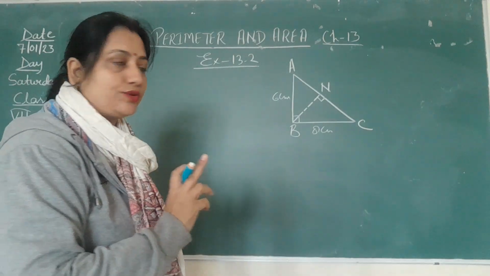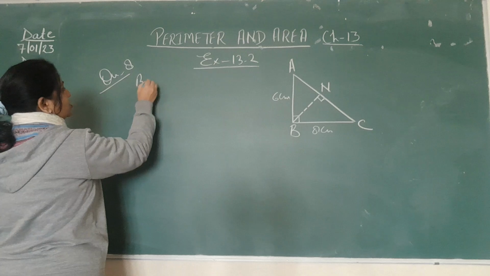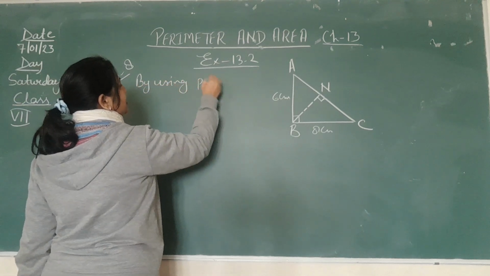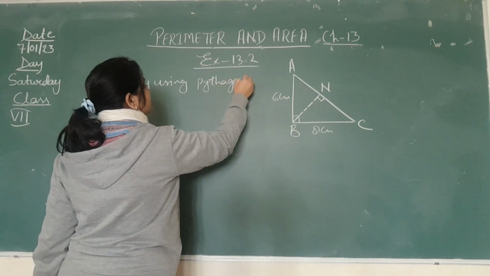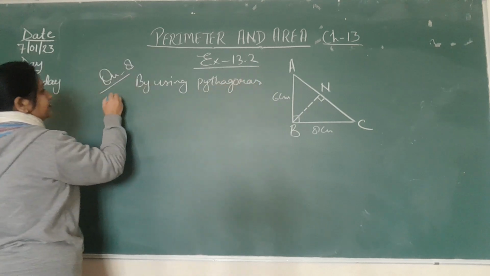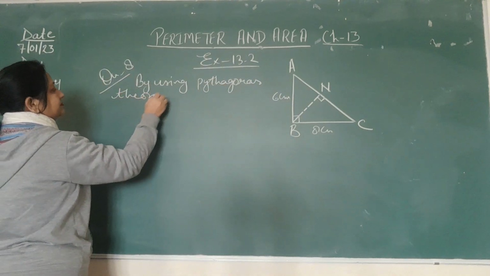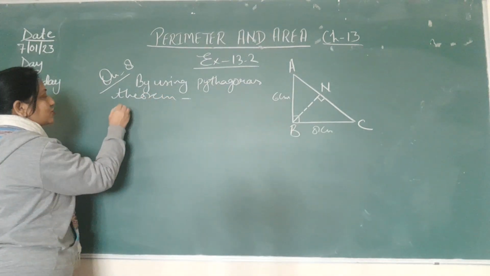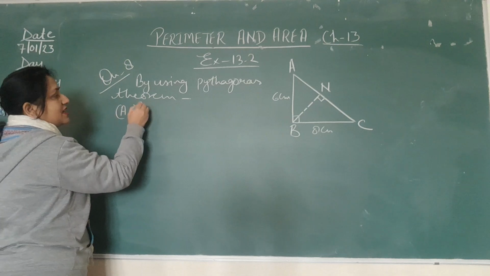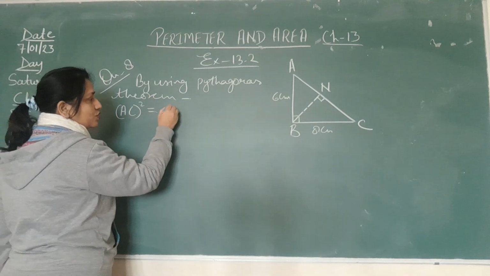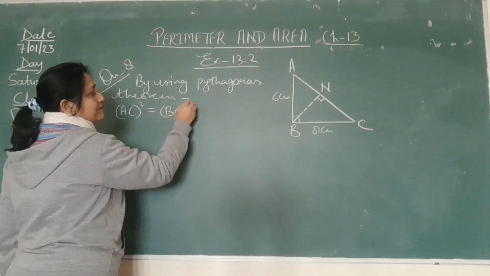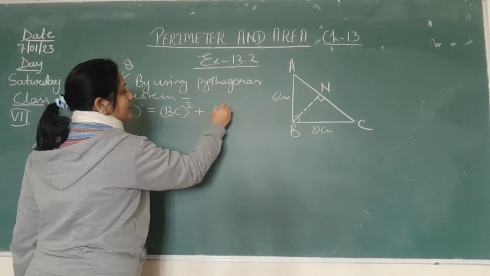So by using Pythagoras theorem, we know that hypotenuse square AC square is equal to base square, it means BC square, plus AB square.